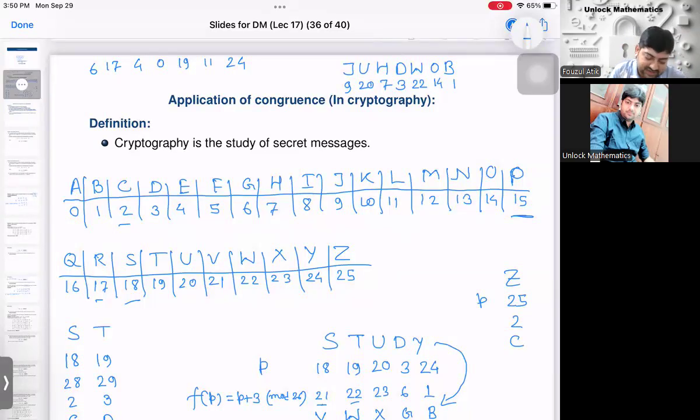So 6 stands for G, 17 means it is R, 4 stands for E, 0 stands for A, 19 means it is T, 11 means it is L, and 24 means it is Y. So the secret message will become GREATLY.